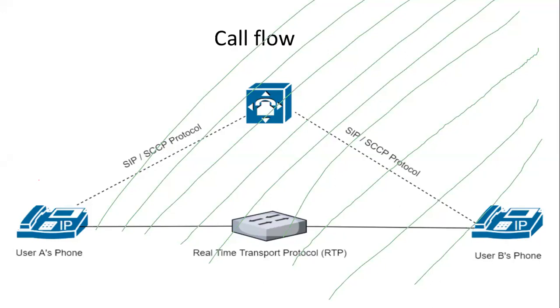So user A and user B in this scenario are connected using RTP, and media flows directly between the end devices. SIP is the Session Initiation Protocol, and SCCP is the Skinny Client Control Protocol, which have different signals. SIP basically has INVITE, 100 Trying, 180 Ringing, 200 OK, and these kinds of messages.